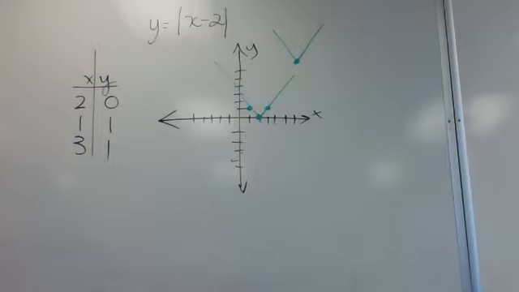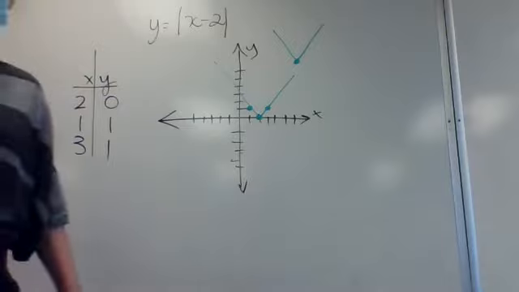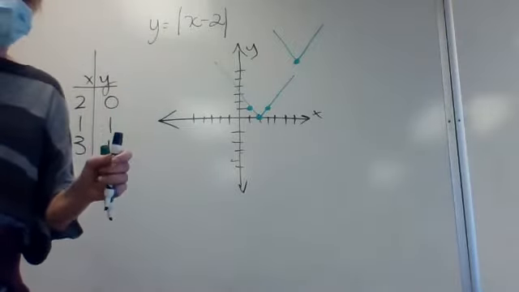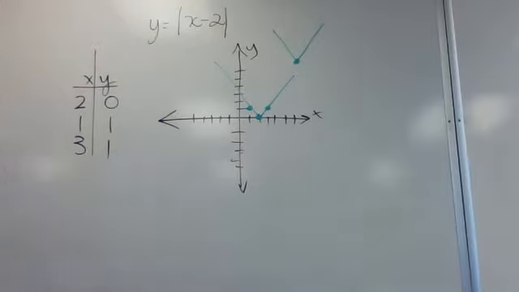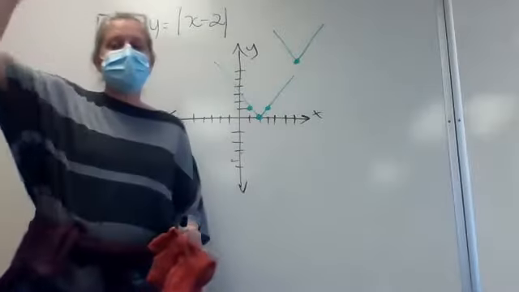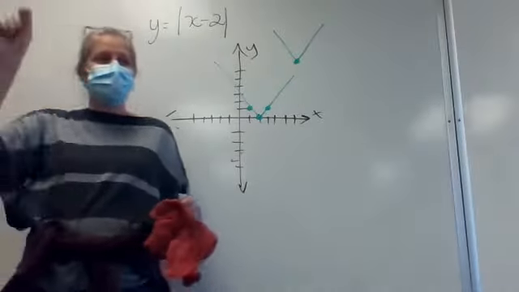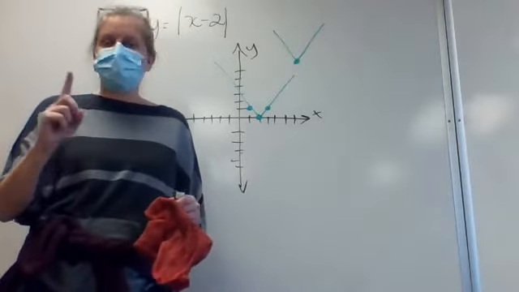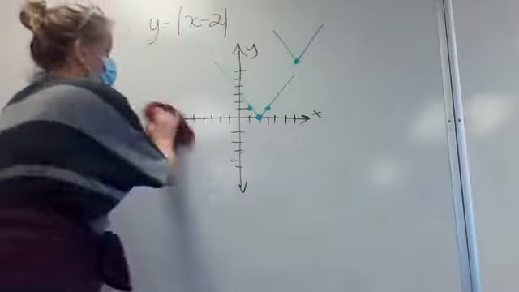All right, the next one is going to give us a domain column and a range column, and ask us if the correspondence is a function or not. Now remember, in order to be a function, each element in your domain can only go to one element in your range, okay?